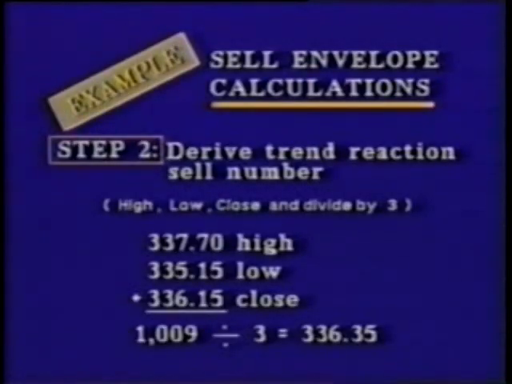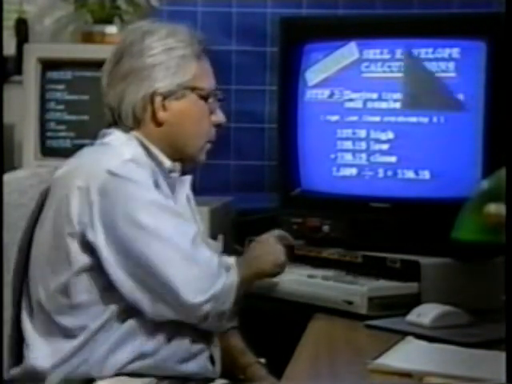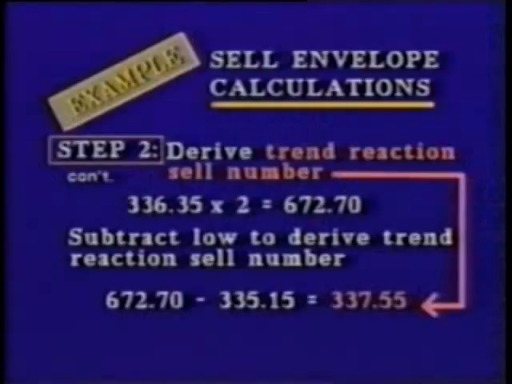Step two is you derive the trend reaction sell number: high plus low plus close divided by 3. We've added them up, we've divided by 3, and we generate a number. That is the X number. 2X, or twice that amount, will come to 672.70.